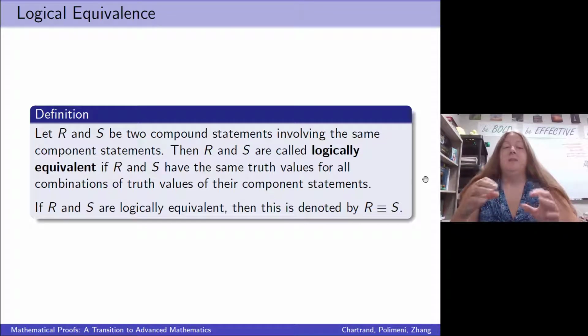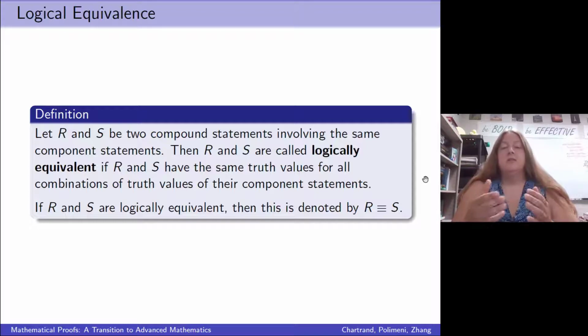So when we have a pair of compound statements that have the same component statements involved in them, so if statement R has component statements A, B, and C, then compound statement S also has to have component statements A, B, and C involved.